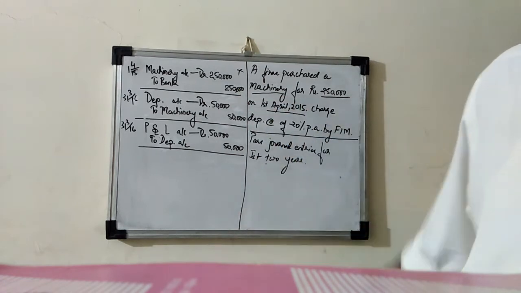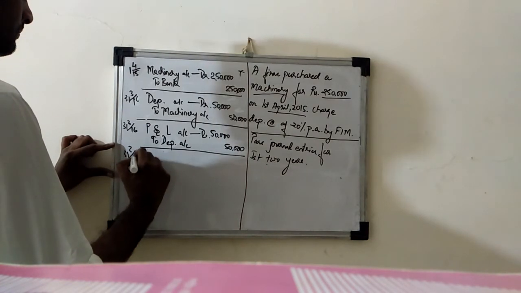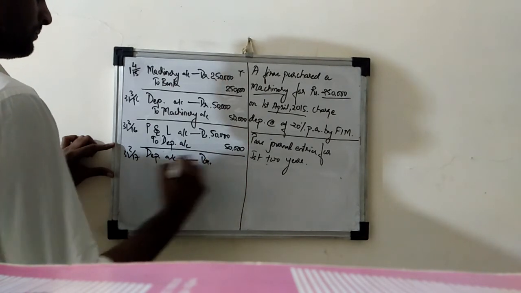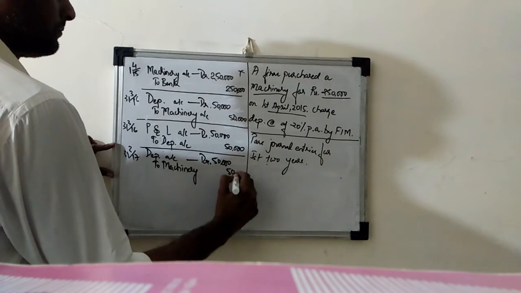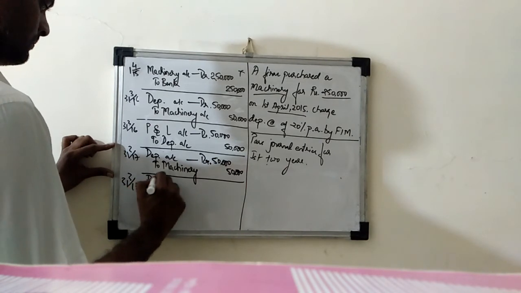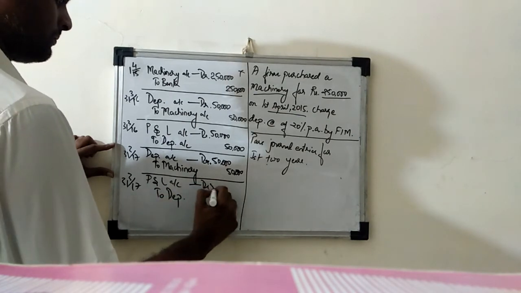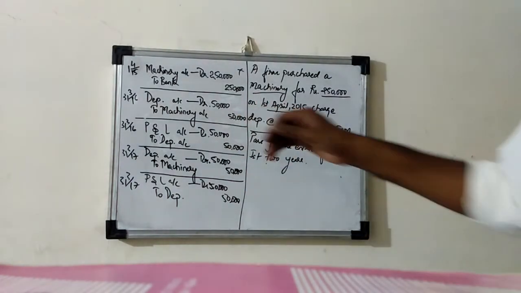The same entry with the same amount is repeated year after year.